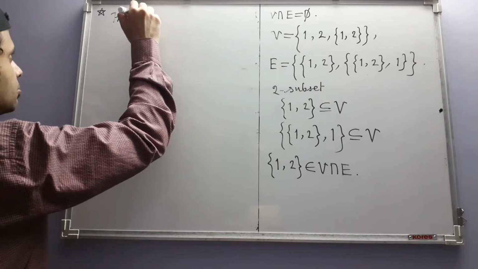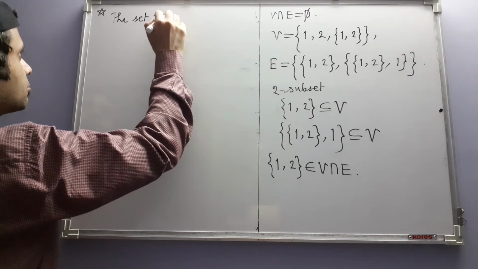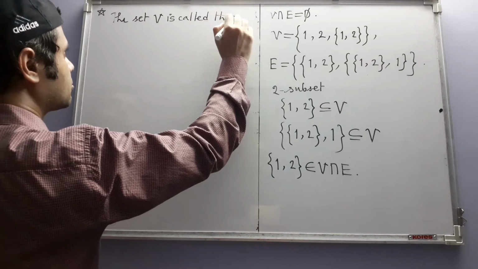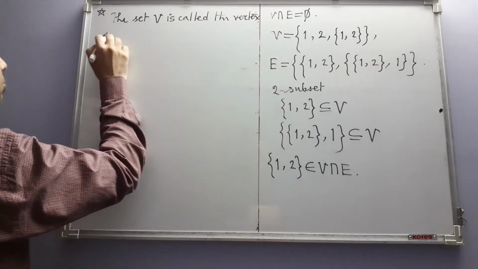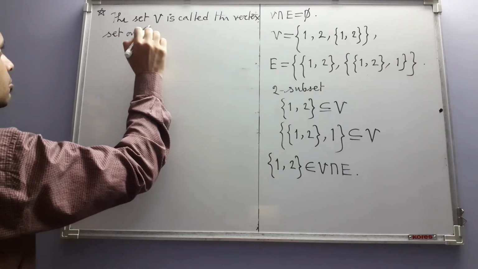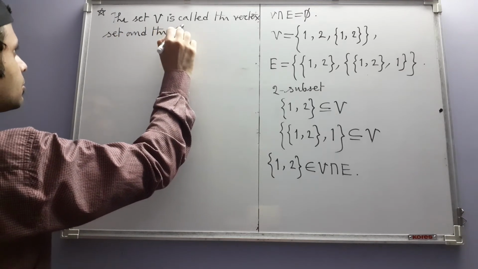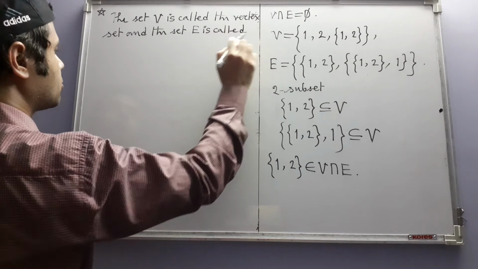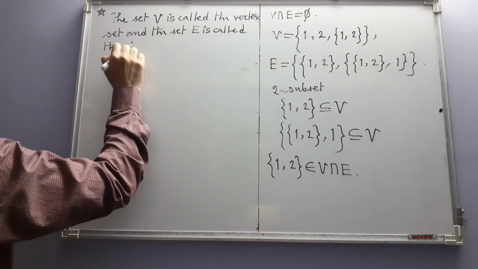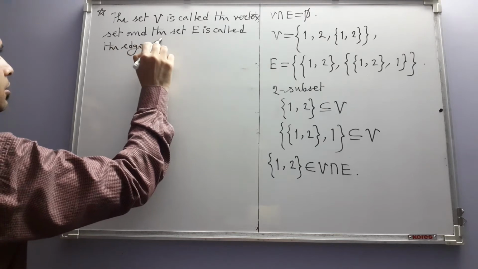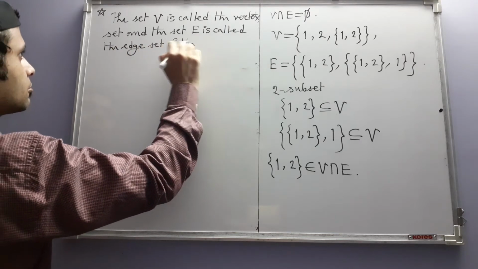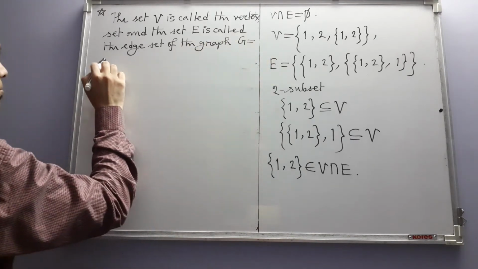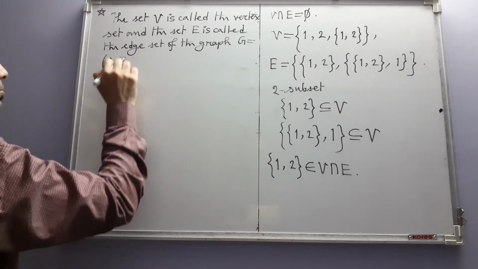The set V is called the vertex set and the set E is called the edge set of the graph G equal to (V, E).